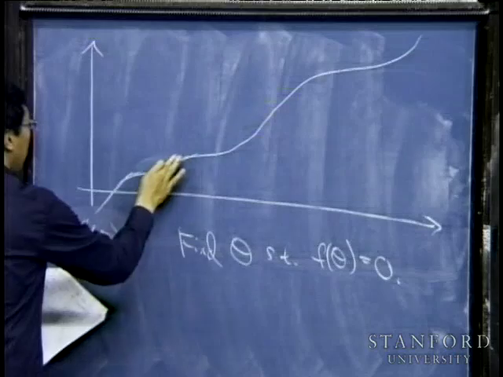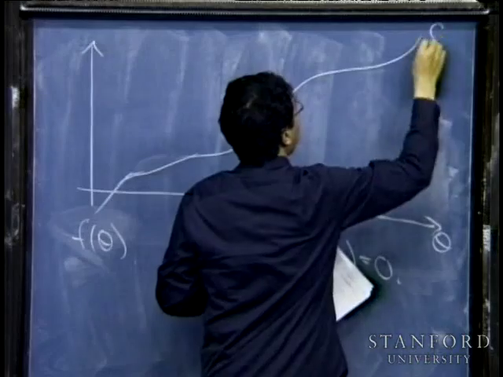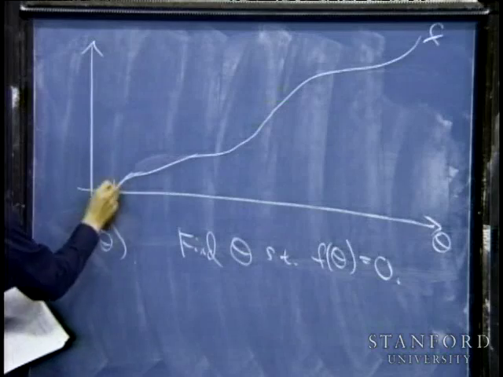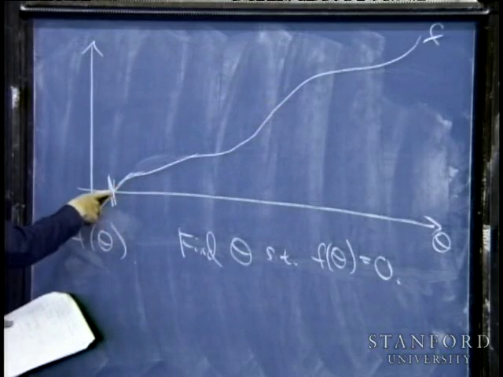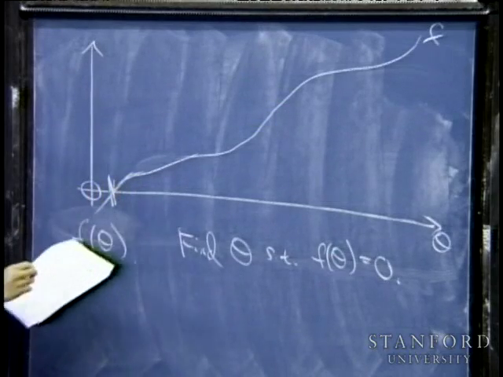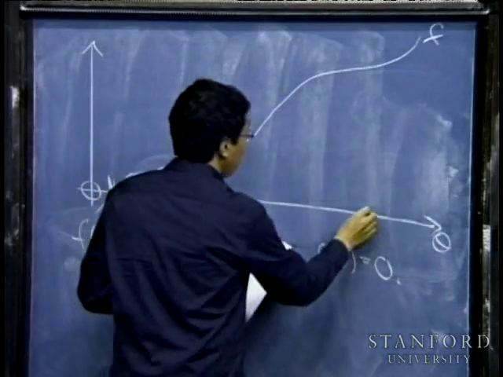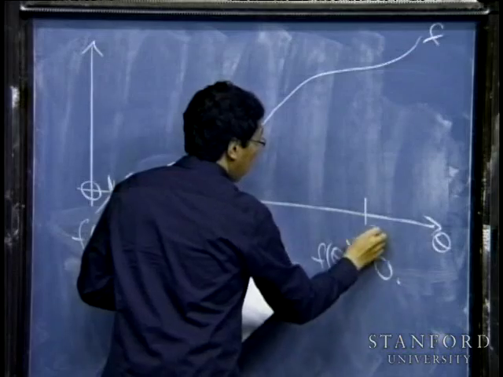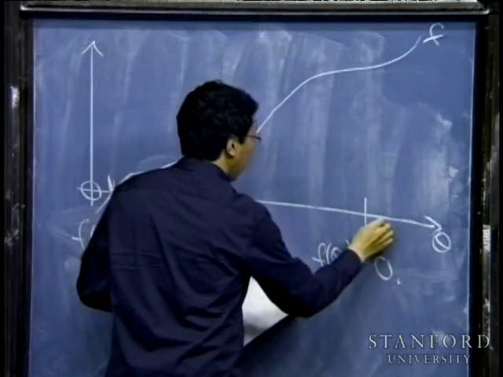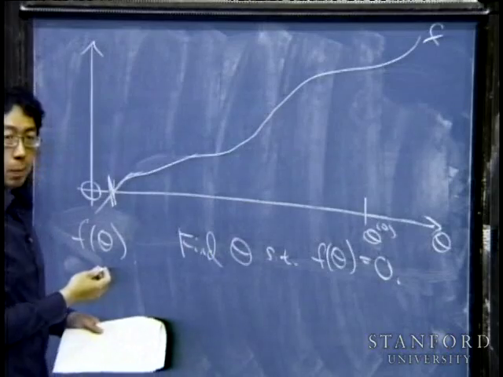Okay, so let's say that's my function f. The horizontal axis is theta, and this is a plot of f of theta. We're really trying to find the value of theta at which f of theta is equal to 0. So here's the algorithm I'm going to use. I'm going to initialize theta at some value, which I call theta superscript 0.